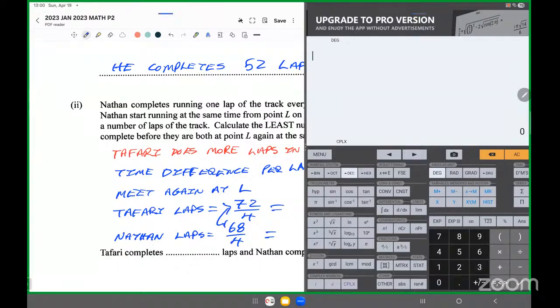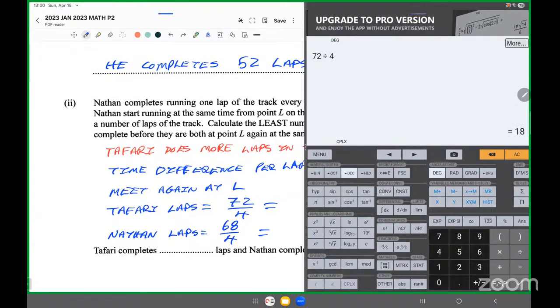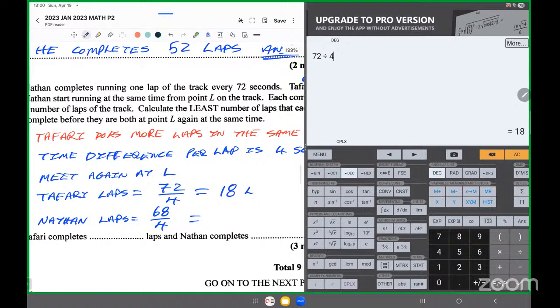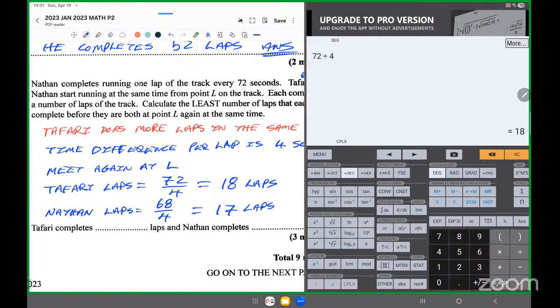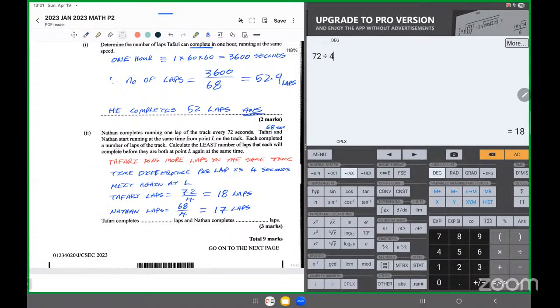So the difference between 72 divided by 4 and 68 divided by 4 has to be a one unit difference. So 72 divided by 4 is 18. So one does 18 laps and the other does 17 laps.